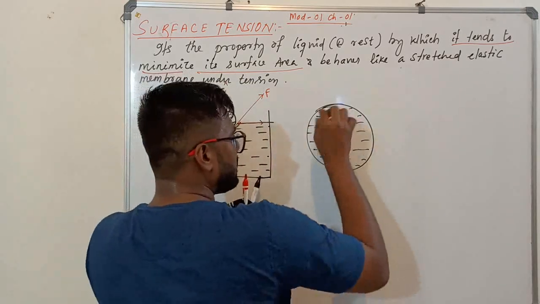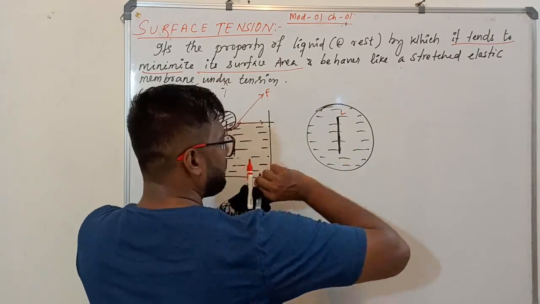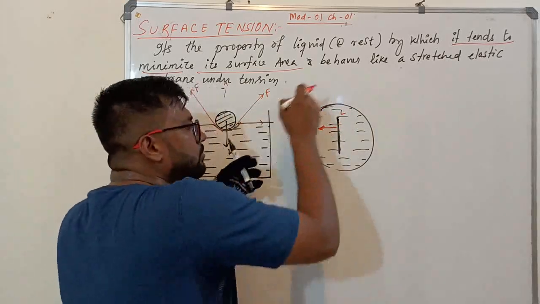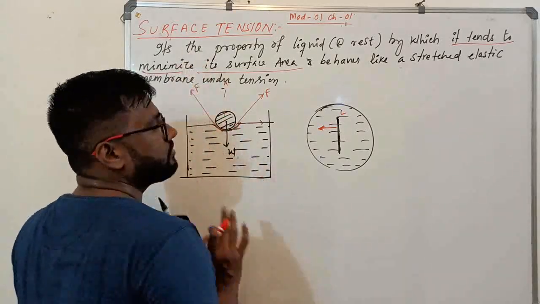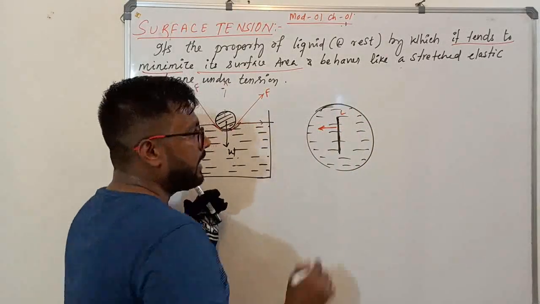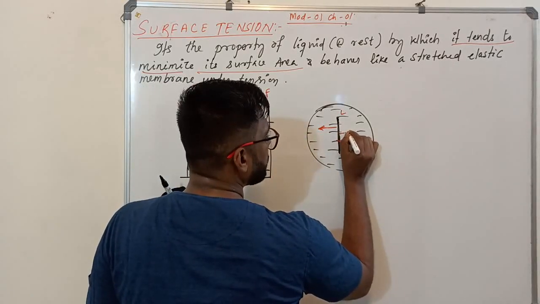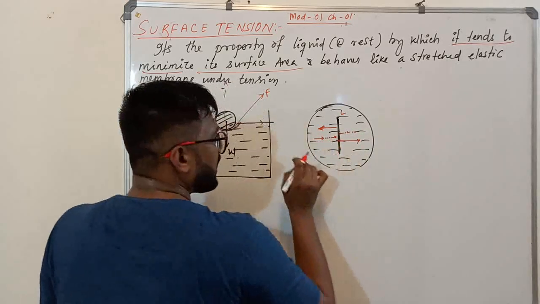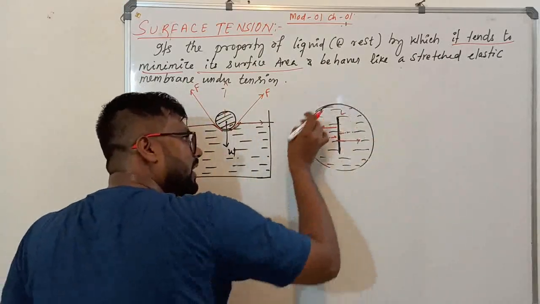The left-hand side liquid will try to pull it towards them, and the right-hand side liquid pulls it towards them. ये मॉलिक्यूल इसे पुल कर रहा है, like that, these are pulling each other. But actually the surface tension is acting on the entire surface itself.